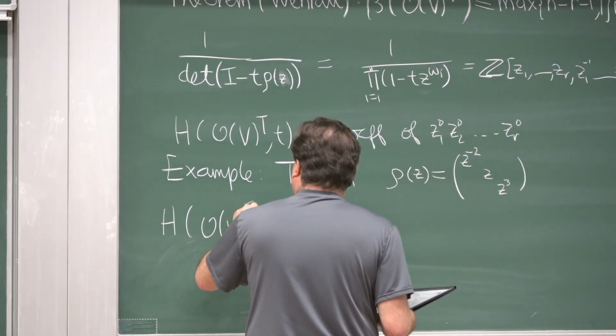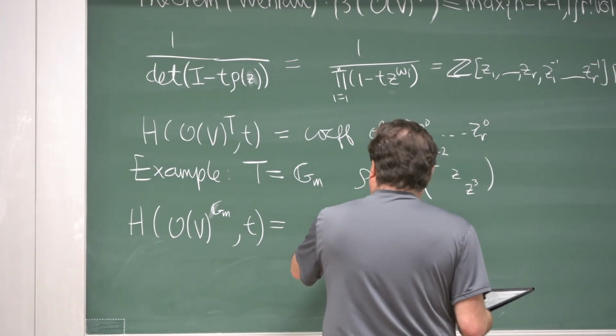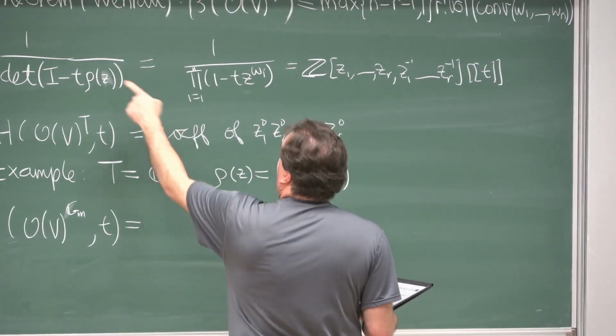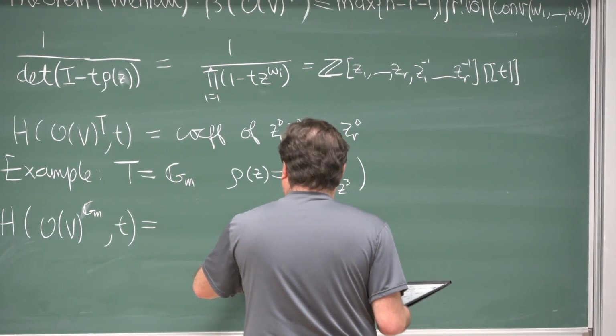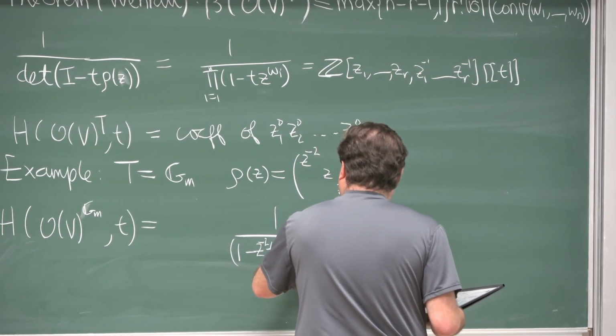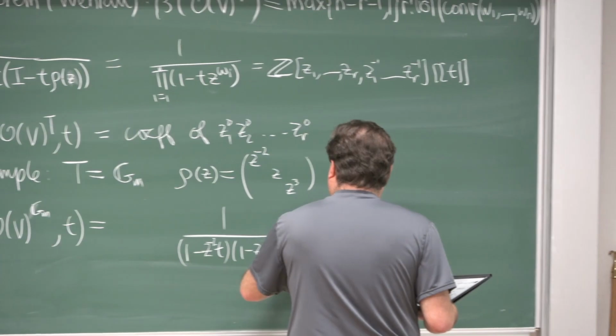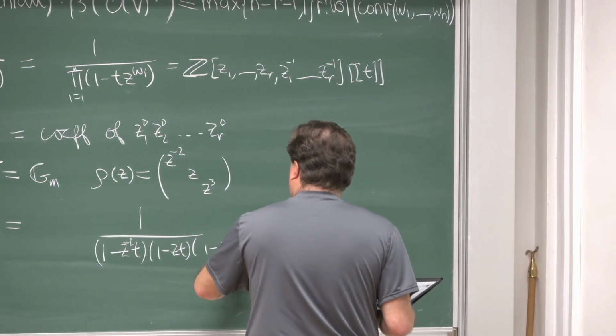in this case, the multiplicative group T, we take this expression here, which is 1 over (1 minus z to the power -2 t)(1 minus zt)(1 minus z cubed t).